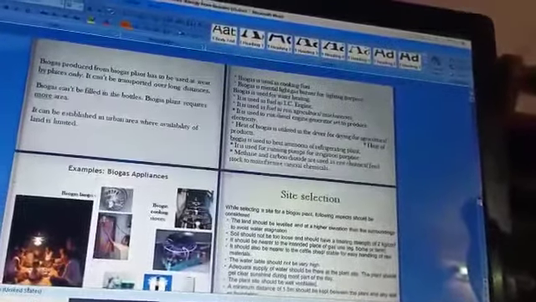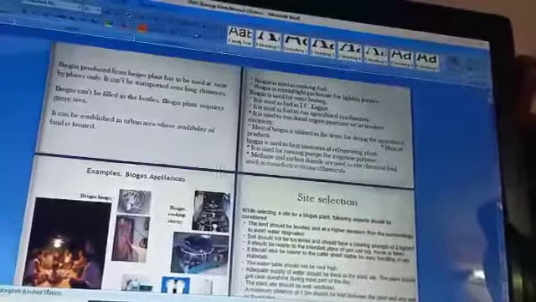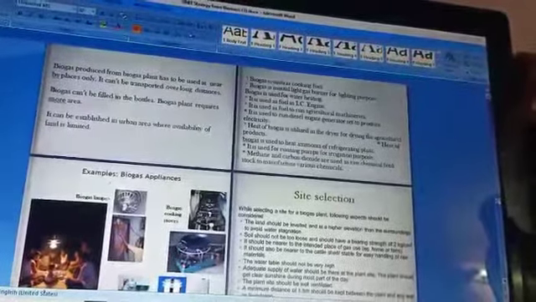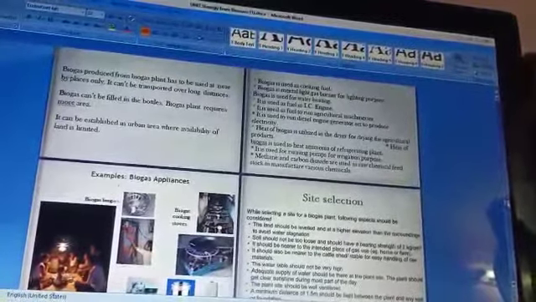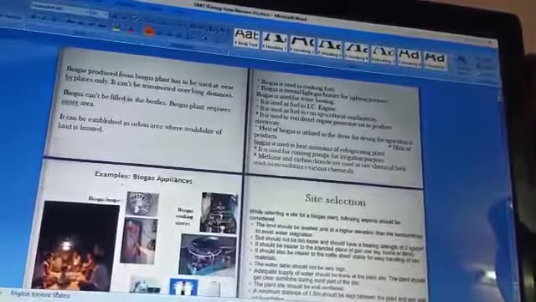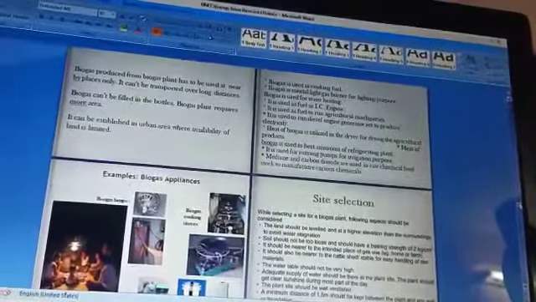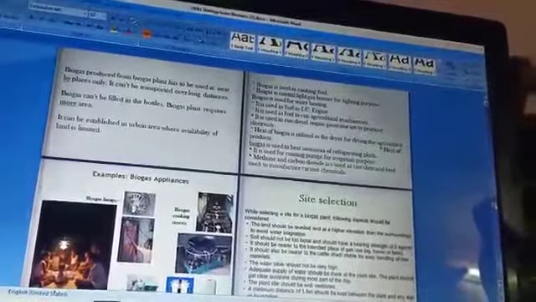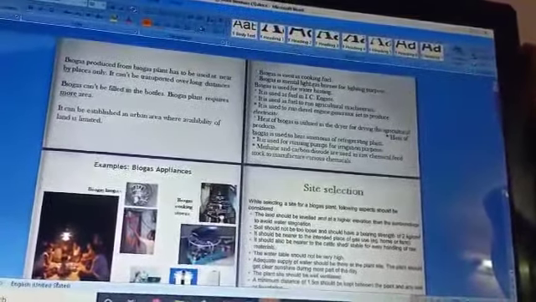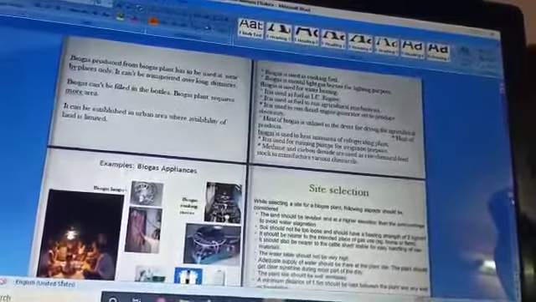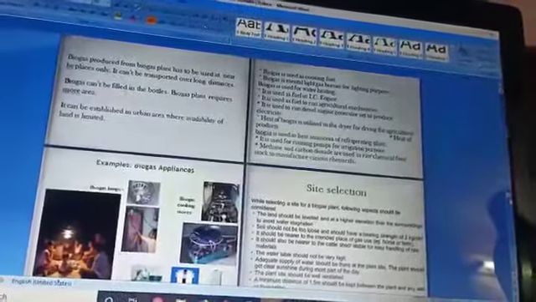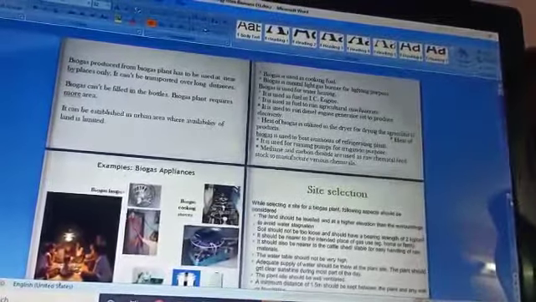Applications: biogas produced from the biogas plant can be used in many places, like transport over long distance, filled in bottles. It can be established in urban areas, depending on availability of land. The basic criteria for biogas setup is site selection, where you need a good amount of land, higher elevation and open surroundings.